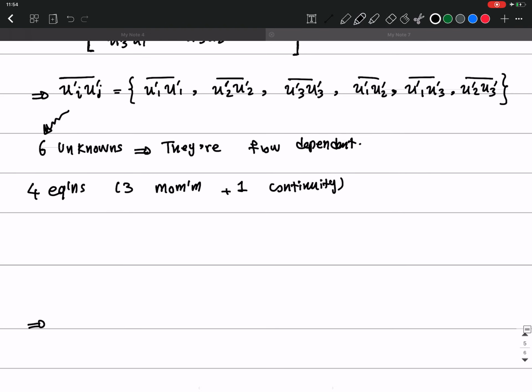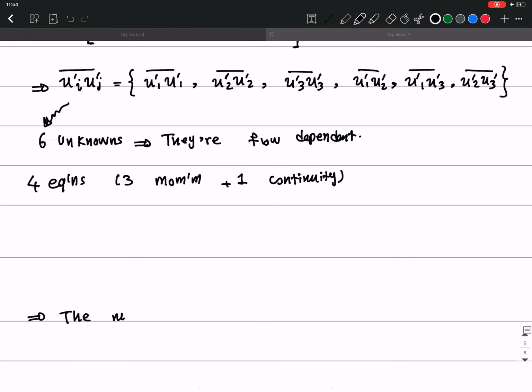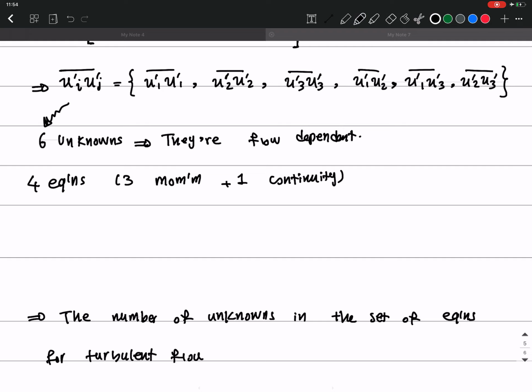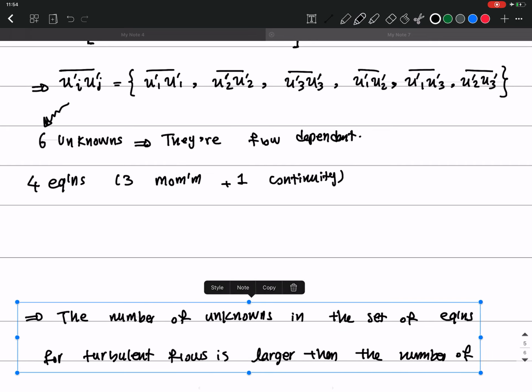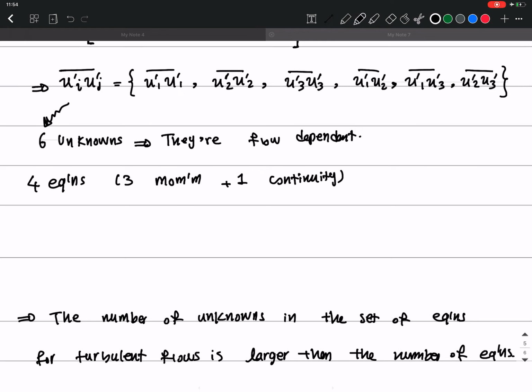We face a problem here. The number of unknowns in the set of equations for turbulent flows is larger than the number of equations, right?